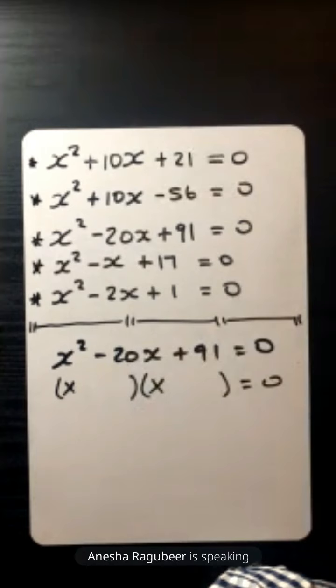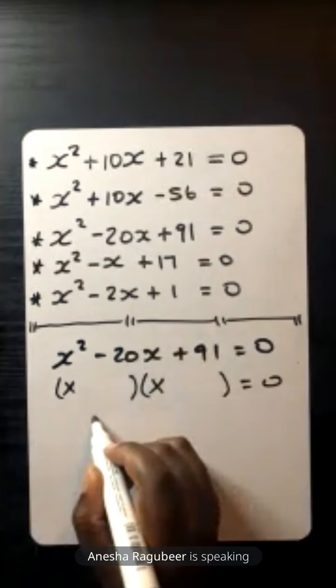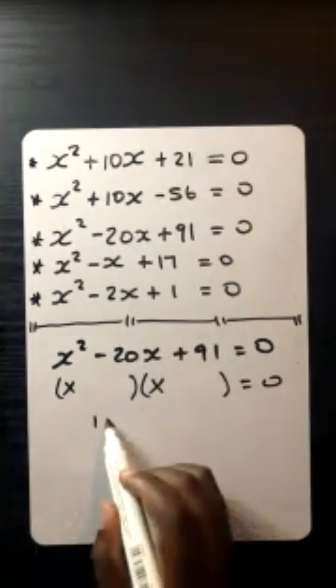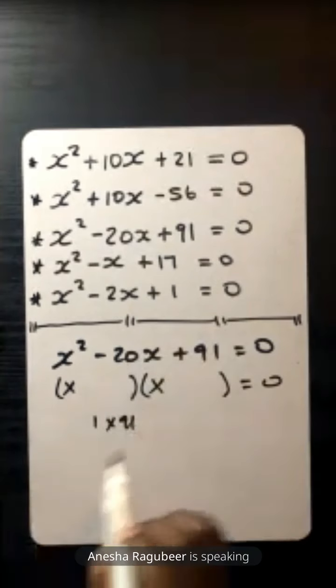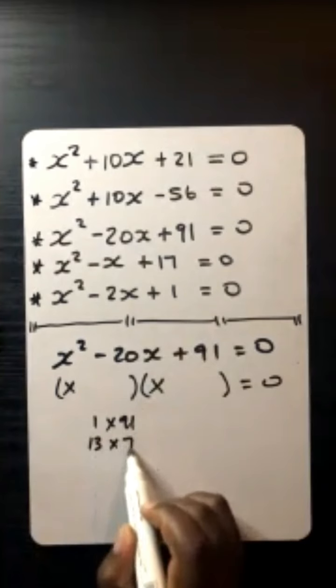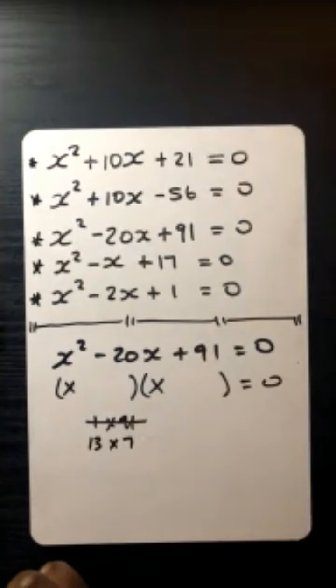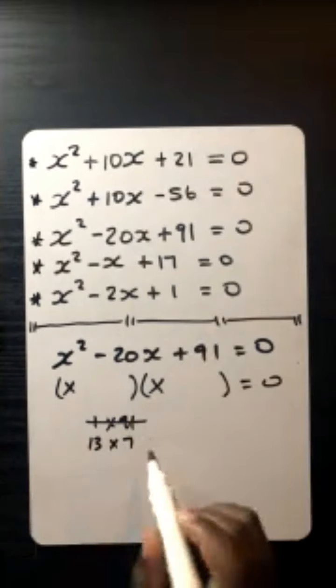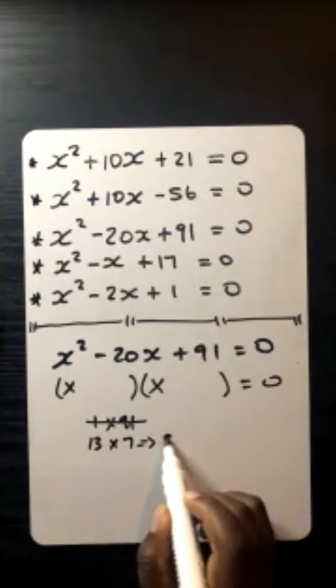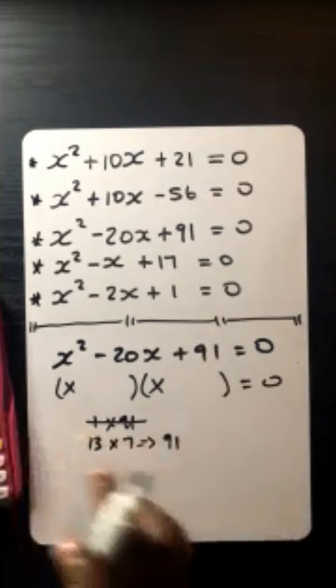Which will obviously be 1 times 91, which is the obvious case. And the second one can be 13 times 7. Okay. So obviously, that one we cancel it. It won't work, isn't it? Yes, sir. Okay. Then from there, you can continue.